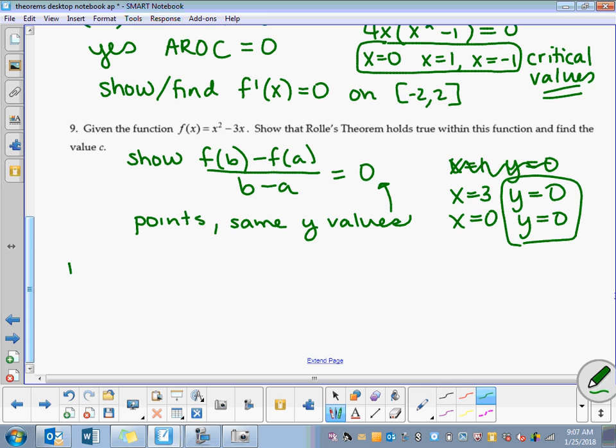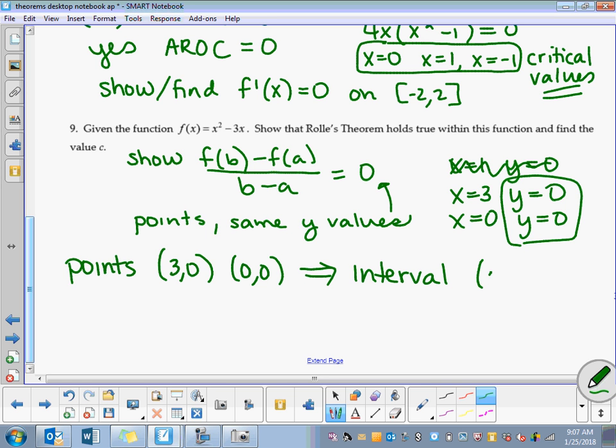Okay, so the 2 points we're talking about are (3, 0) and (0, 0), which means we're going to show on the interval 0 to 3, f prime is going to equal 0.